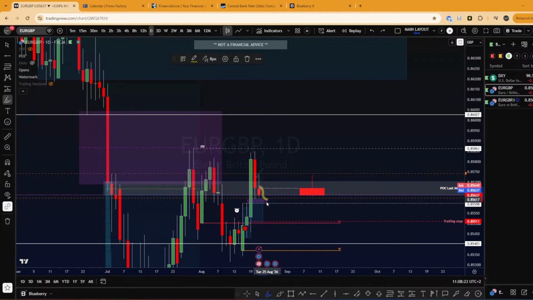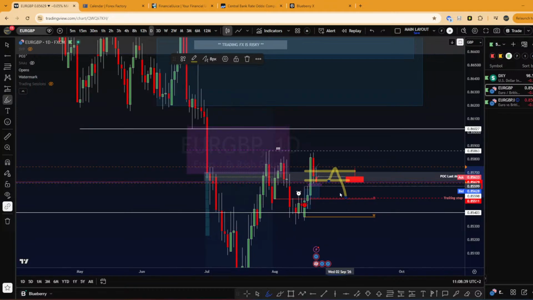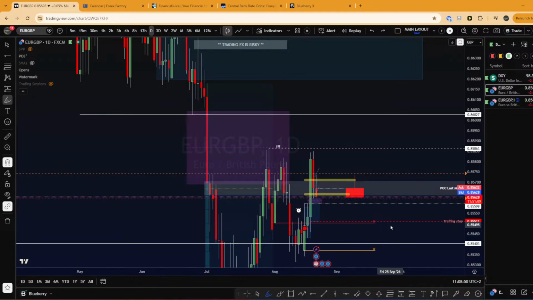Something like we reject, we hold above and then continue. This is what I want to see. So let's see if we really want to reject this level. If you reject it, maybe wait for price to retest here and then buy again. But yeah, need some confirmation.